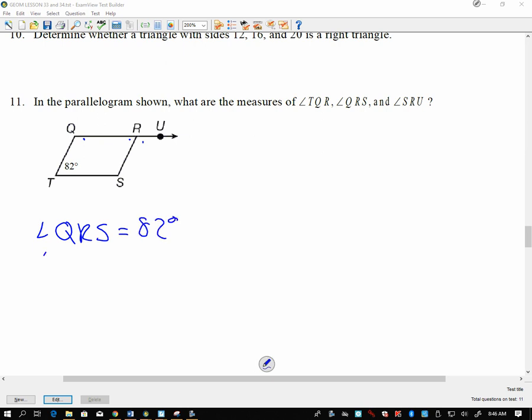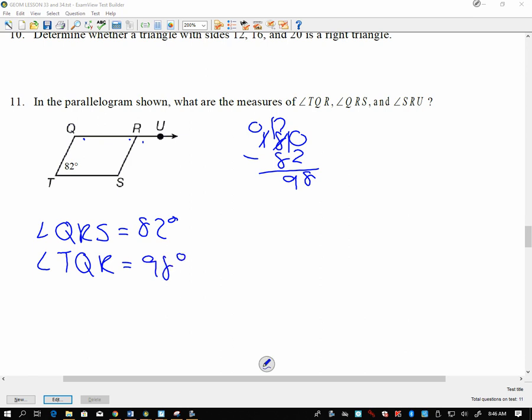All right, angle TQR, what is the relationship of TQR to angle T? They're consecutive, and that means that they're supplementary, right? So I'm going to do 180 minus 82, right? So I get what, 98 degrees? Does that make sense? So I got 98 degrees.